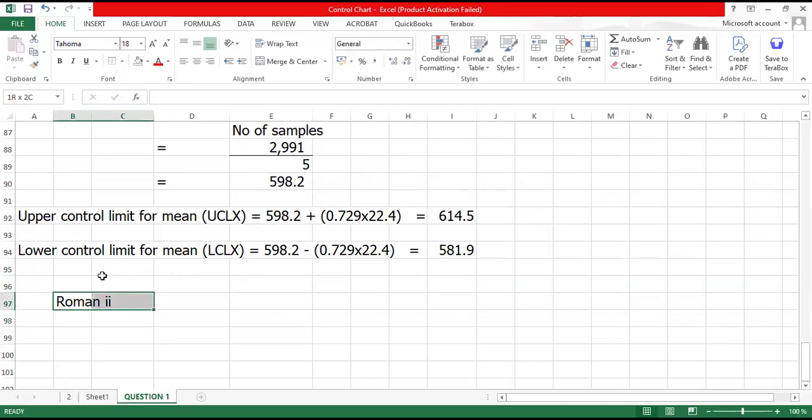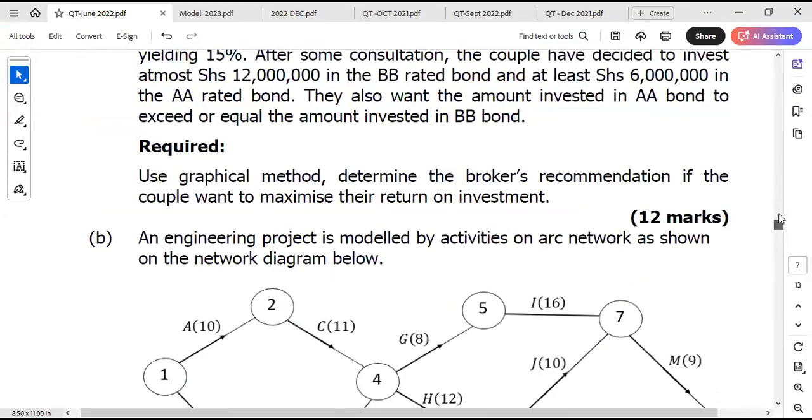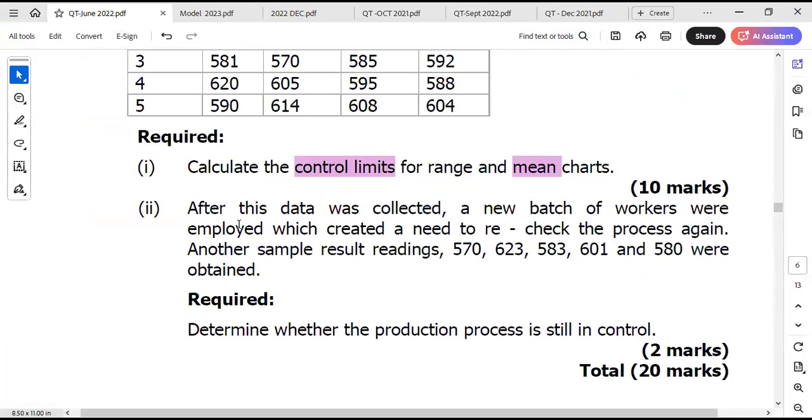Then Roman 2, they are saying what? Back at our question: after this data was collected, a new batch of workers were employed, which created a need to recheck the process again.